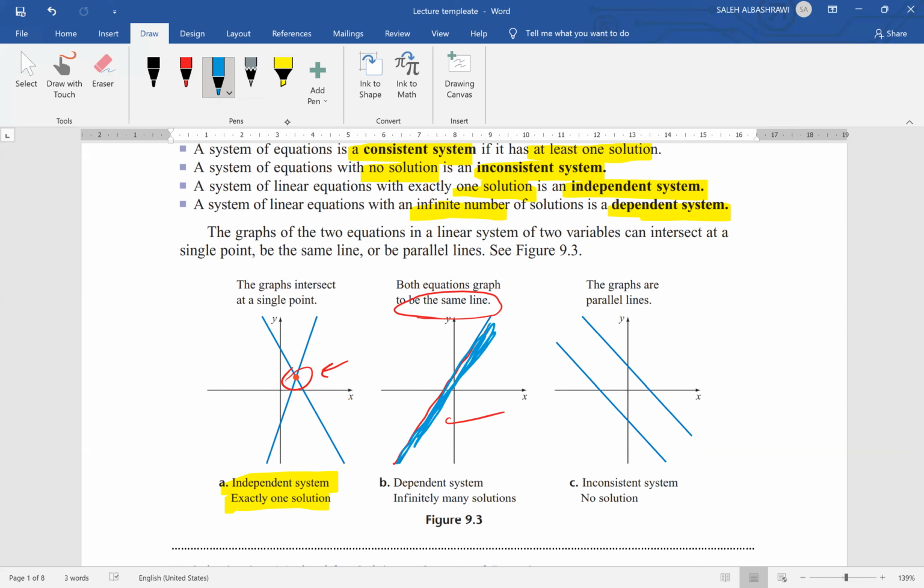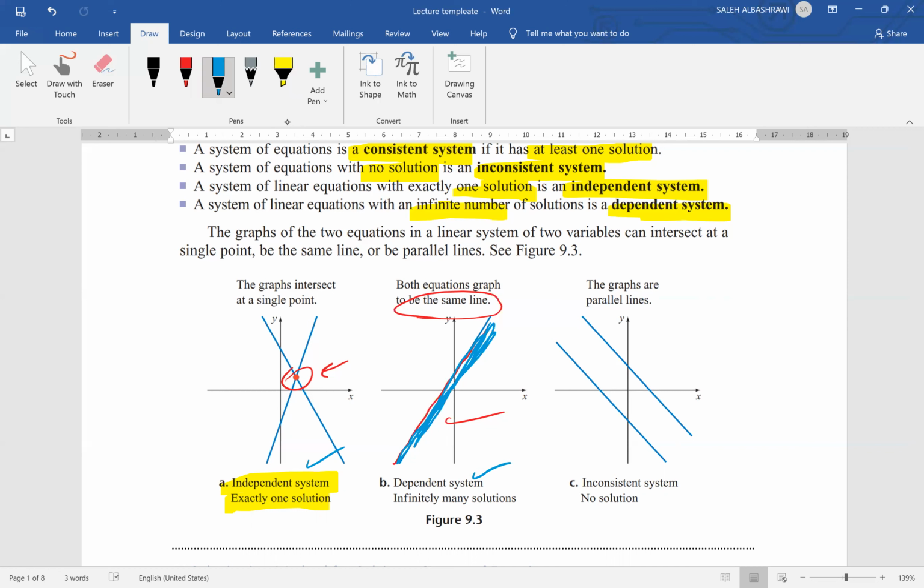So each point on that line is a solution for the system. It has an infinite number of solutions. In this case, we call it consistent but dependent. So we have consistent with one solution that is independent, and consistent but dependent that has an infinite number of solutions.